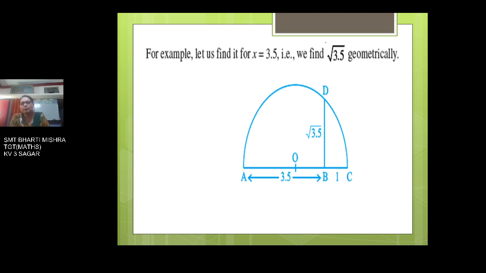Now draw a perpendicular at B, touching the boundary of the semicircle at D. Now this distance BD is the square root of 3.5. Students, remember, this is the method used to draw root 3.5. Now this will be practically used to represent it on a number line.